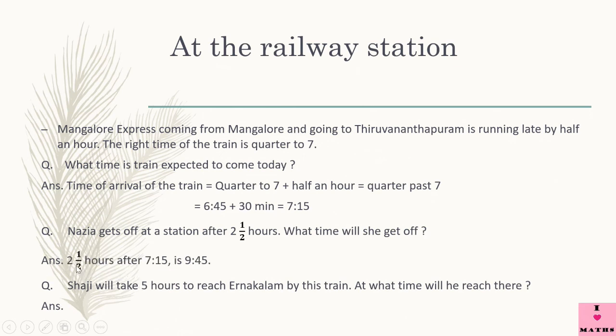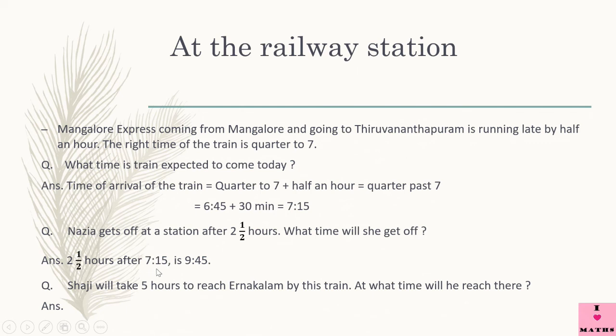So, 2.5 hours after 7:15. Why 7:15? Because the train arrived at 7:15. So 2.5 hours after 7:15. Okay, let us see that.